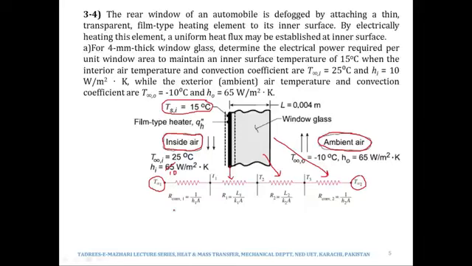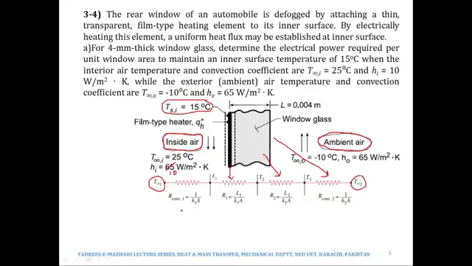Do we know the resistances? Do we know the outside resistance? We do, because we have the value of h_2 and we would be dealing in per unit area. Do we know this resistance offered by the glass? We do, because we know the thickness of the glass and we know the thermal conductivity of the glass as well.